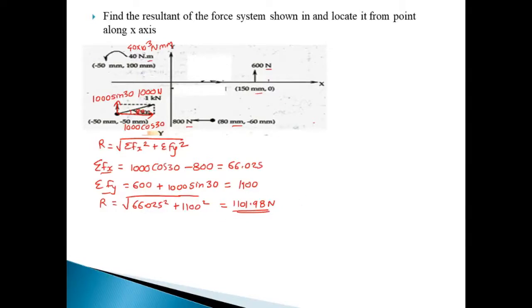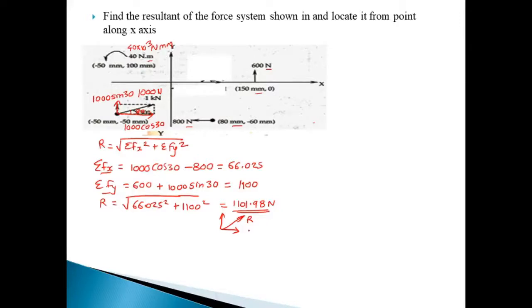Similarly, the resultant is a vector, so we have to find out the direction also. For direction, we consider summation Fx. Summation Fx is positive, so the x component of the resultant is towards the right, and the y component of the resultant is in vertical, upward direction, and the resultant is acting in between.